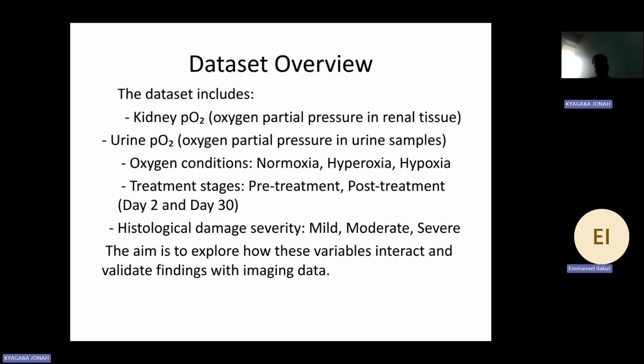Finally, we have the different treatment stages: pre-treatment, that is before treatment, and after treatment, which is clearly shown there. And then, of course, we have historical damage severity to tell us if the kidney was mildly damaged, moderate, severe, and so forth.